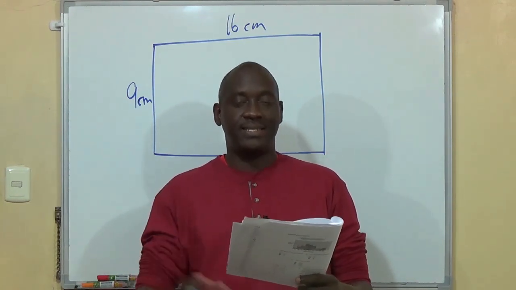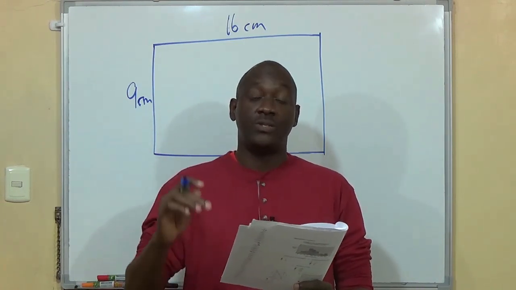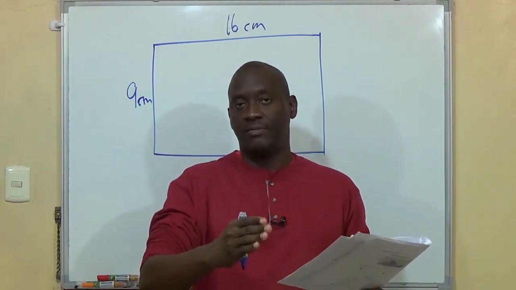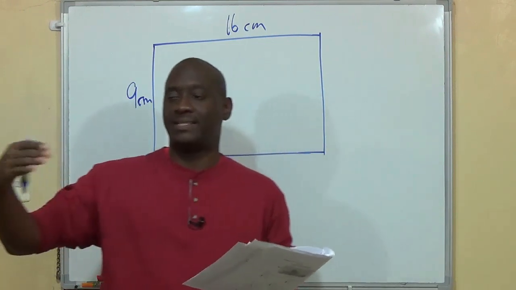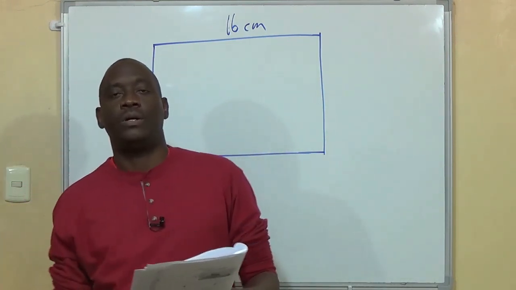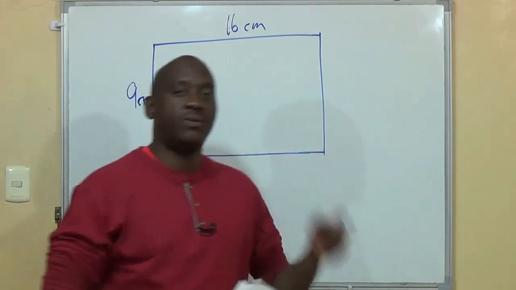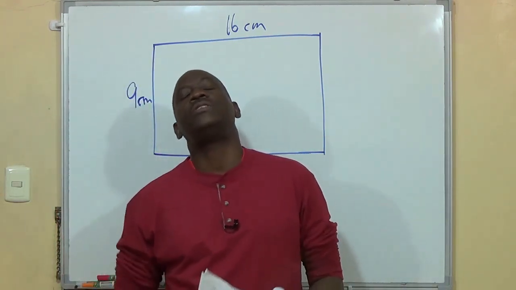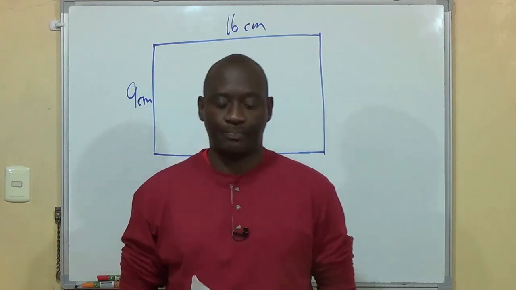So if we're talking 16, the smallest value is clearly 15.5. Then 5, 4, 3, 2, 1, 0, and boom.